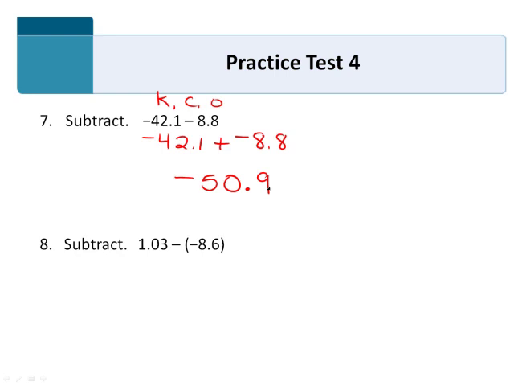Number 8, 101.03 minus a negative 8.6. Again, keep, change, opposite. So keep the 1.03, change it to addition, and the opposite of a negative would be a positive. So now you just have two positive numbers. 1.03 plus 8.6, you just add and you get 9.63.